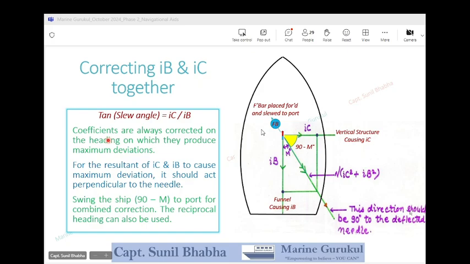Now when we make the combined correction for IC and IB, we also have to find out the heading on which the ship should be when the correction is made. Coefficients are always corrected on a heading on which they produce maximum deviation. For the resultant of IC and IB to cause maximum deviation, it should act perpendicular to the needle.